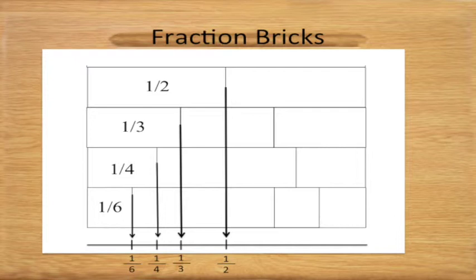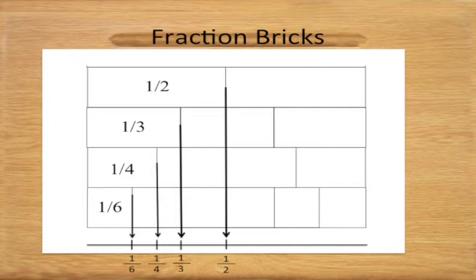We can see that 1/6 is less than 1/4, 1/4 is less than 1/3, 1/3 is less than 1/2, and so on. So we're looking at giving the students a model, a visualization on how to look at comparing fractions, by partitioning an interval from 0 to 1.